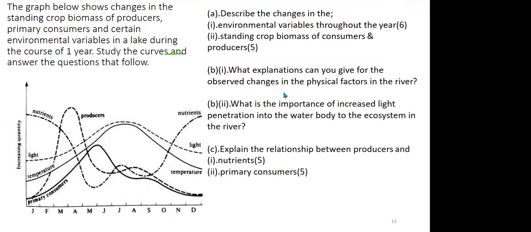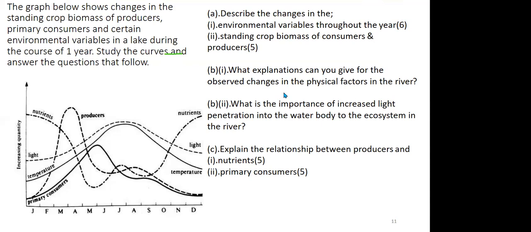So we see that when light penetrates the water body, of course, the aquatic organisms that are photosynthetic are able to carry out photosynthesis, like we all have had. And of course, the primary productivity increases. And when the primary productivity increases, it is going to support the primary consumers.